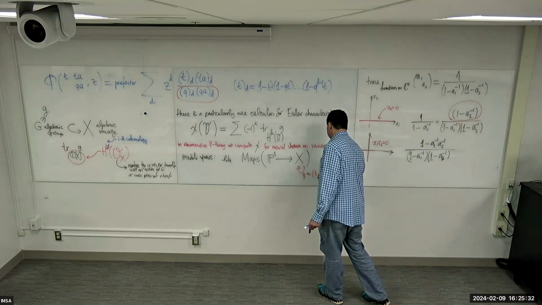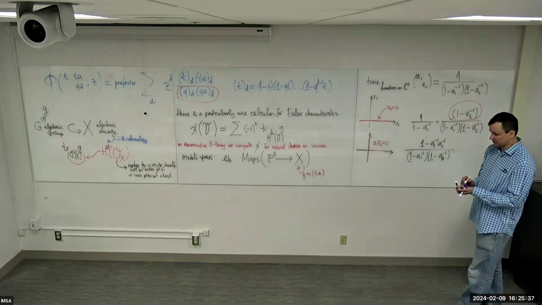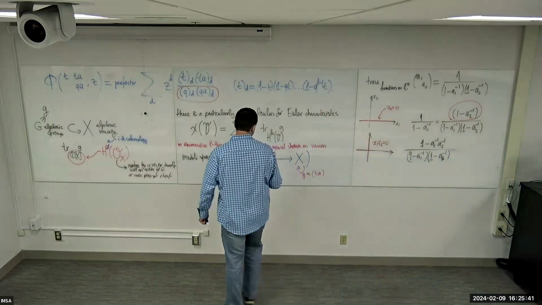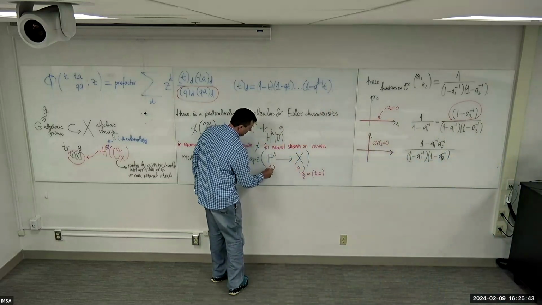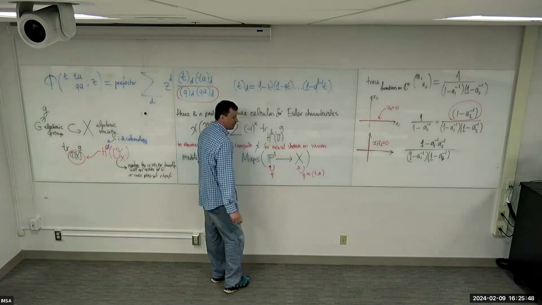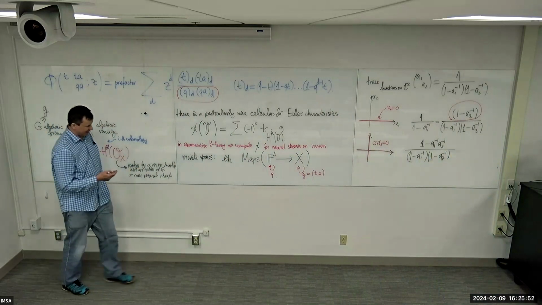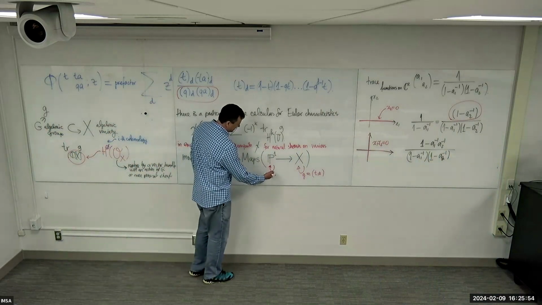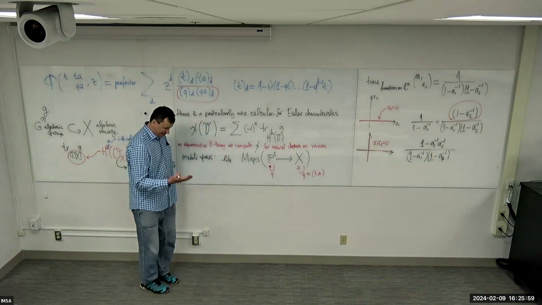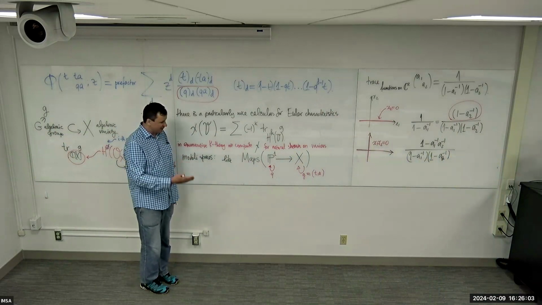G will be our T. This T will be acting on X. What will Q do? Q will just act naturally on P1. There's an action of GL1 on C, GL1C acts on C and acts on P1.